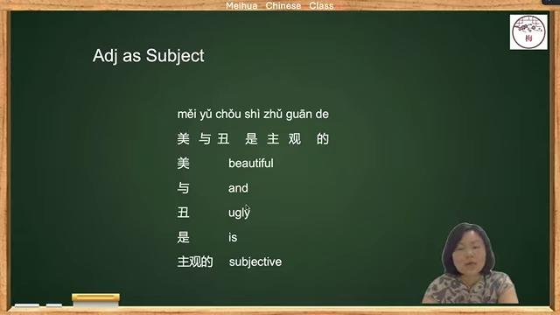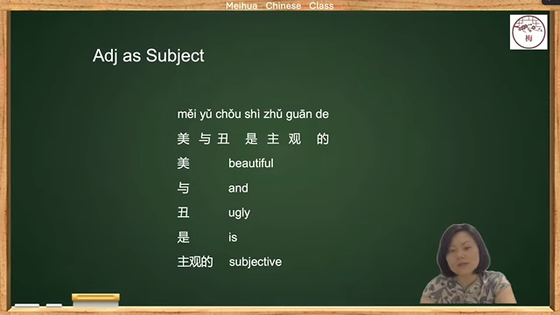But can we do it the same way in English? We all know that's incorrect, right? Then how can we put an adjective in the position of the subject? We should change the adjectives to their corresponding noun forms.